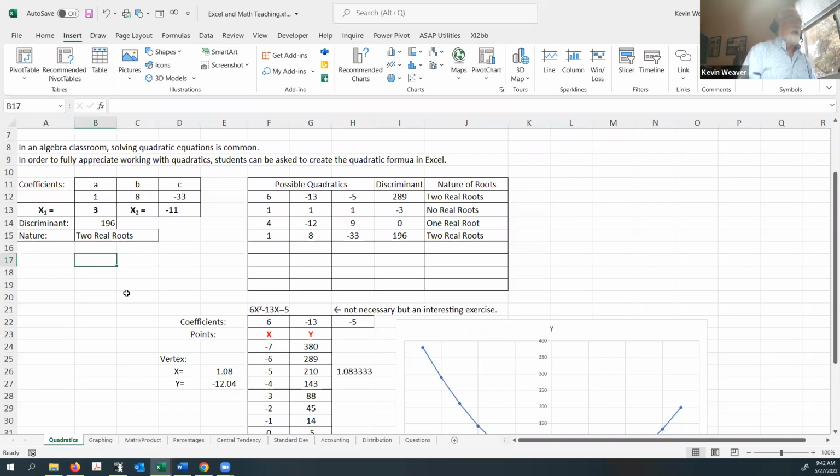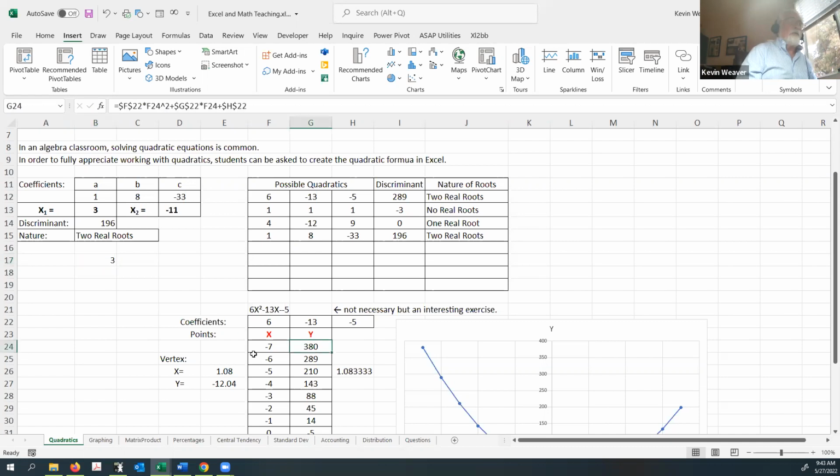Relative means when you put in a cell reference, for example, if I type in equals and this cell reference, that says use B13 in the B17 position. So you see there it is. So what it did is that it put B13's contents in B17.